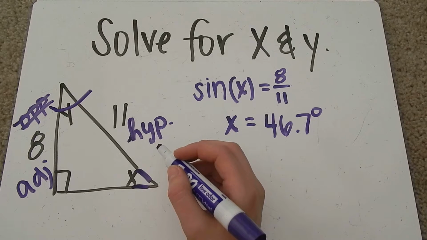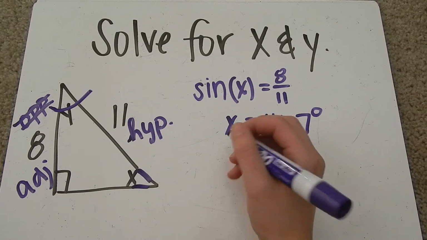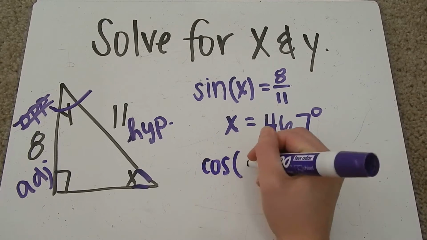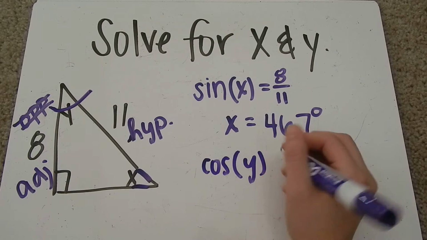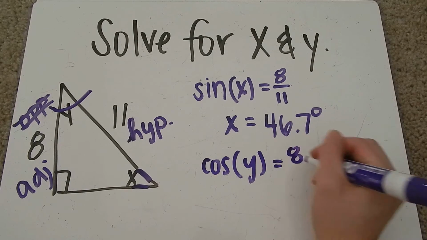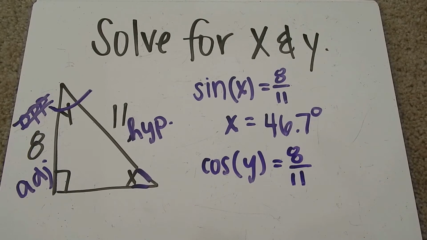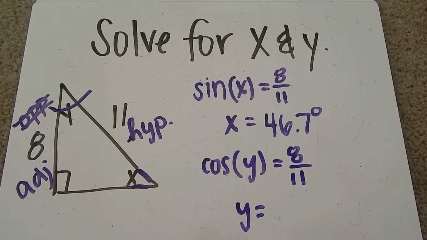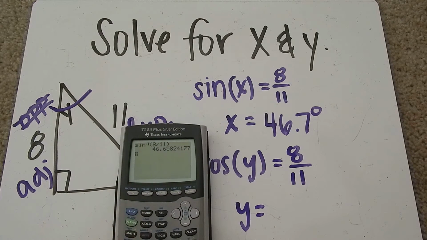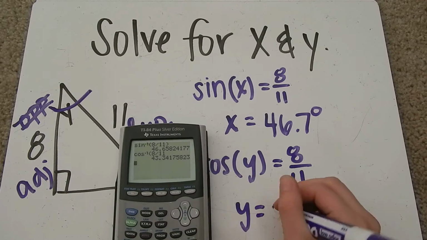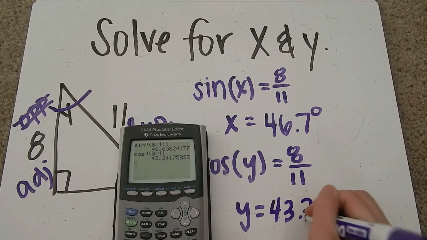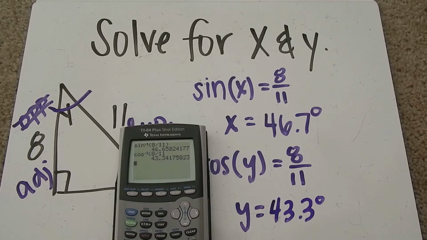So this time, to solve for y, I'm not going to use sine, I'm going to use cosine. So cosine of y this time equals adjacent over hypotenuse. So to find y, we're going to do inverse cosine. So I would hit second cosine 8 over 11, and I get 43.3 degrees when I round to the nearest tenth.